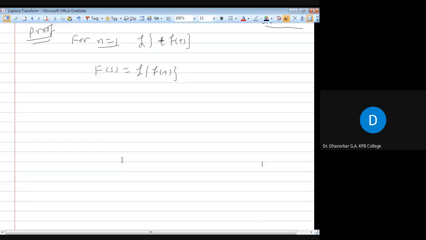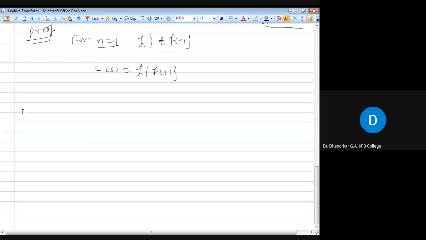Therefore, you can write this as, which is equal to, what is the definition? Integration 0 to infinity e raised to power minus st f of t dt. This is your Laplace transform of this function.